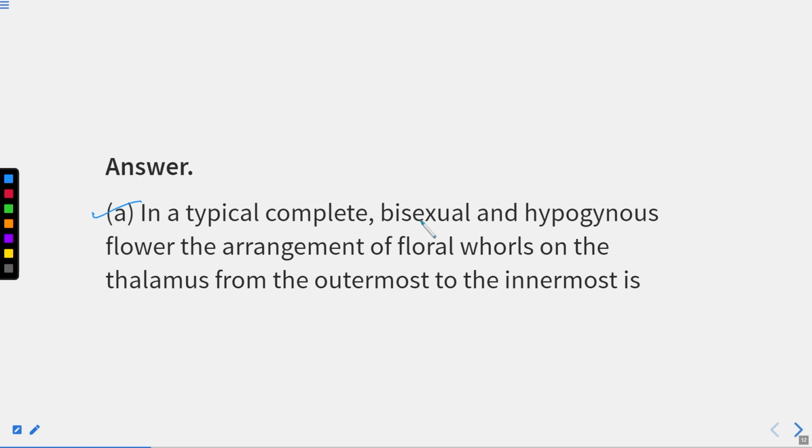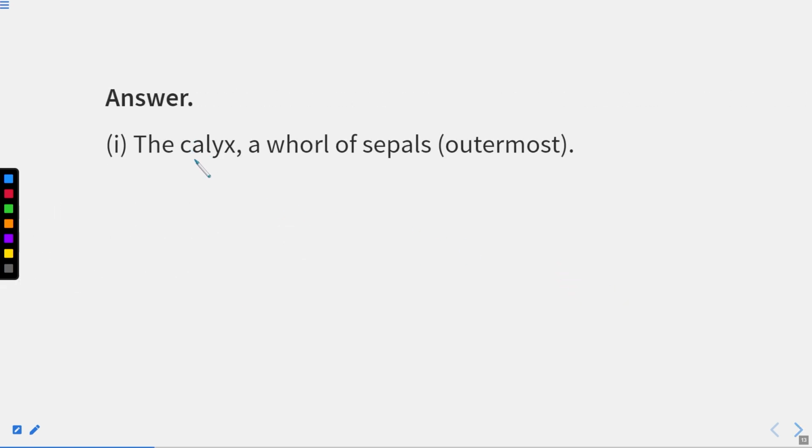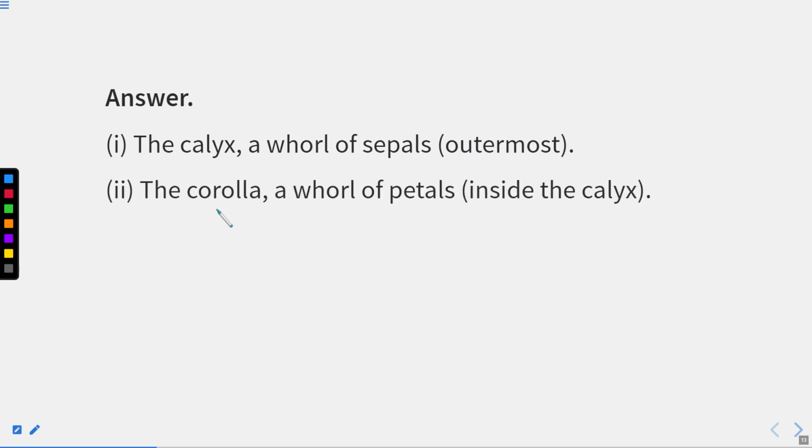In a typical complete bisexual and hypogynous flower, the arrangement of floral whorls on the thalamus from the outermost to innermost is, so what should be the answer? Calyx, which is the whorl of sepals, is the outermost. Then we have the corolla, which is the whorl of petals, present inside the calyx, means to the inner side of the calyx.